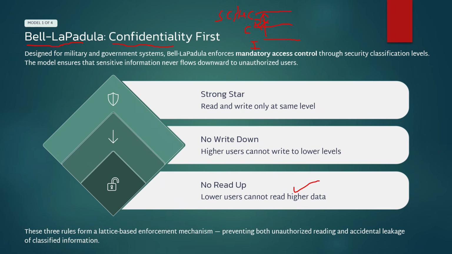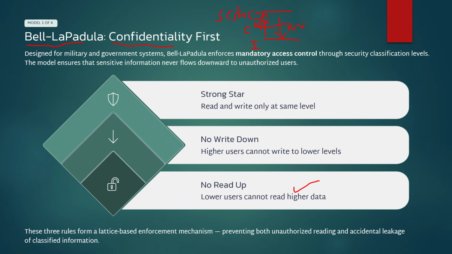It means, let's say, a clerk cannot read top secret files. If there is a bank and there is a clerk in it, the clerk will not have the right to see, read or view the top secret files, the account files. So that is no read up. Second is no write down.